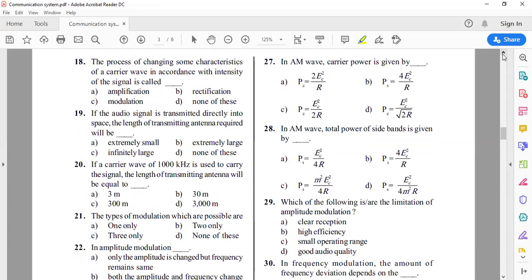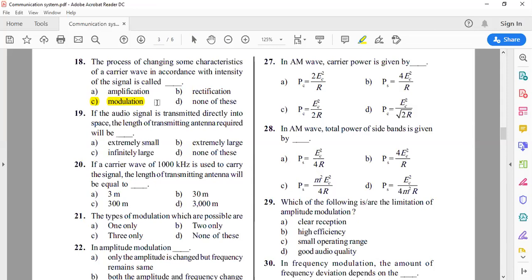Modulation means there is a change in amplitude, frequency, as well as phase depending upon the information signal. So the correct option for question number 18 is modulation, option number C. In modulation, these weak signal waves are superimposed on the high frequency carrier waves.